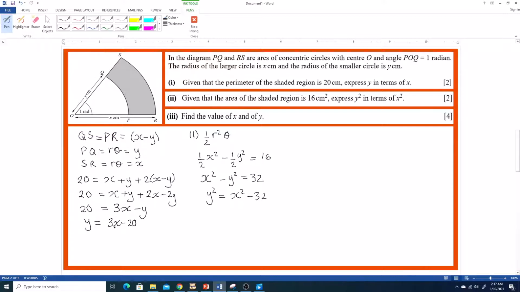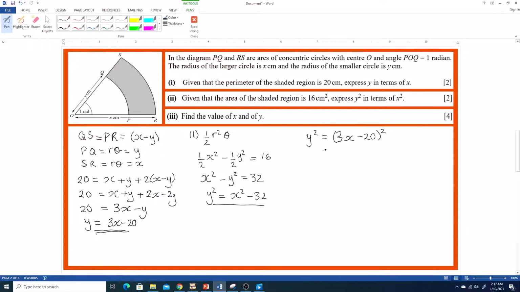Now you've been asked to find the value of x and of y. You realize that you've come up with two simultaneous equations, that one and that one. So how I'm going to do that is I'm going to change this one so that it becomes y squared. So y squared is going to be equal to 3x minus 20, all squared.